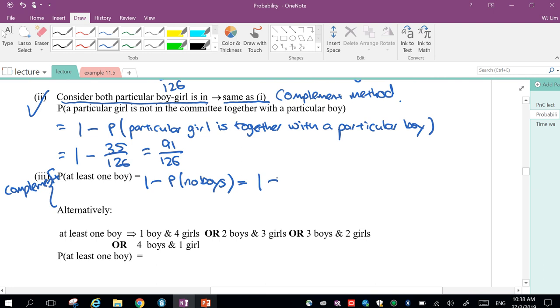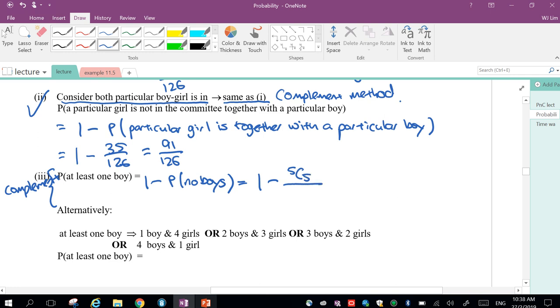If there are no boys inside the committee, it means it's all girls, right? How to choose the girls? How many girls are there in total? 5 girls, right? Okay, so 5 choose 5.